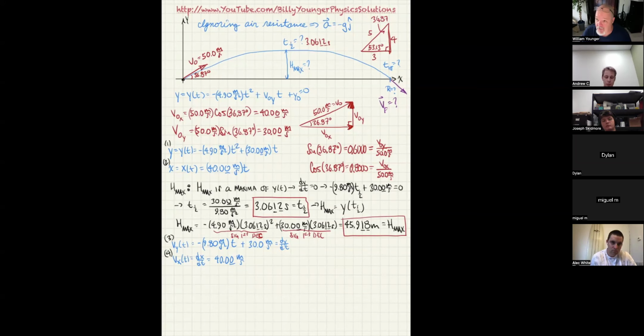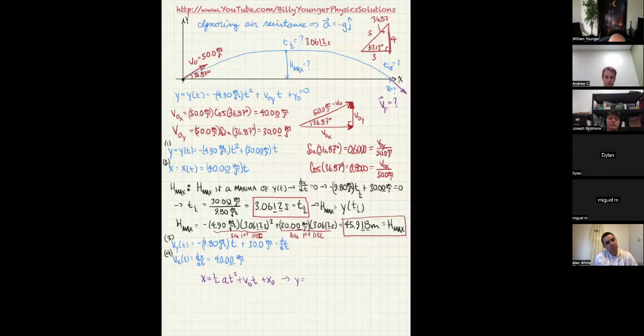Writing it again, x equals 1/2 at squared plus v0t plus x0. When we apply that in the y direction, it becomes y equals negative 1/2 g, because that's the acceleration in the y direction, t squared plus v0y times t plus y0.